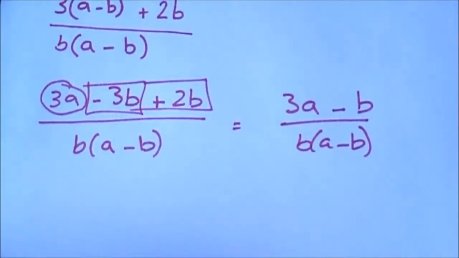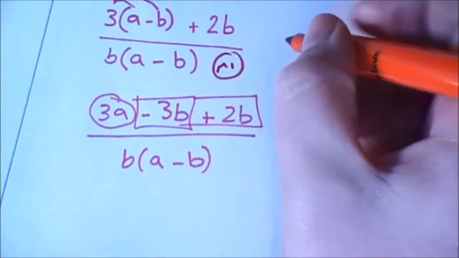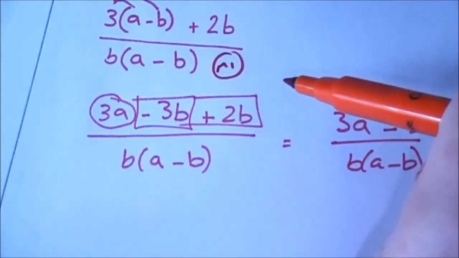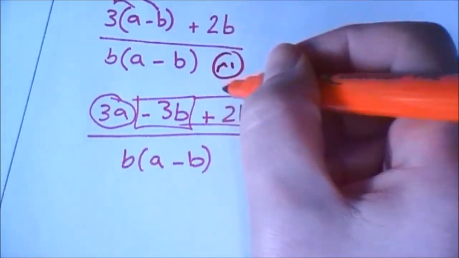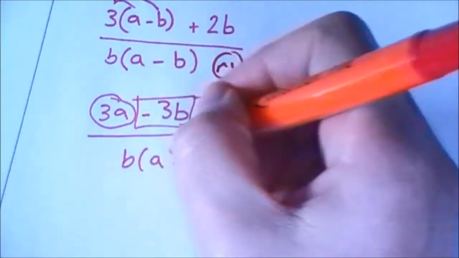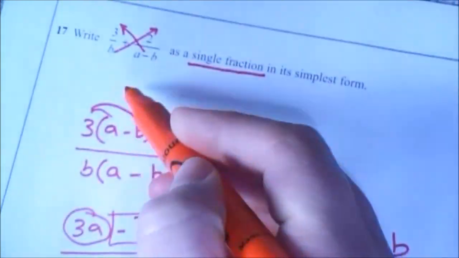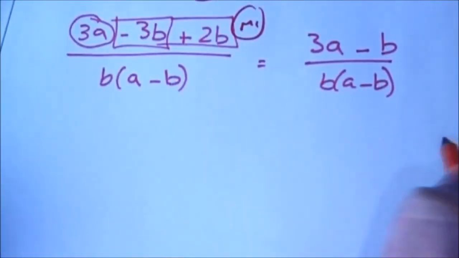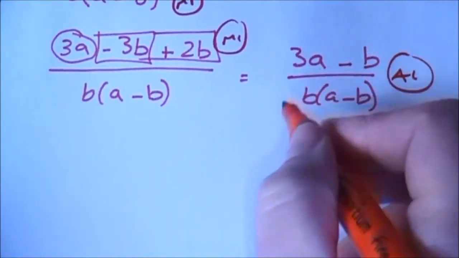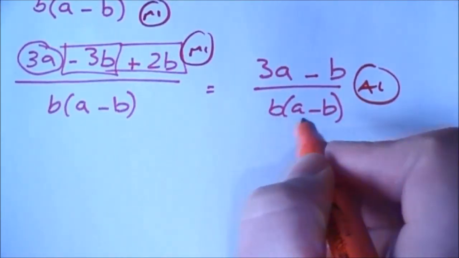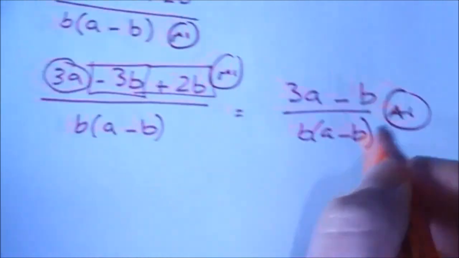That's a 3-mark question. You would get 1 mark for showing that you've multiplied the denominators together. You get another mark for cross-multiplying and showing any one of those steps. And then you get the final mark for having (3a minus b) over (ba minus b squared). Doesn't matter.